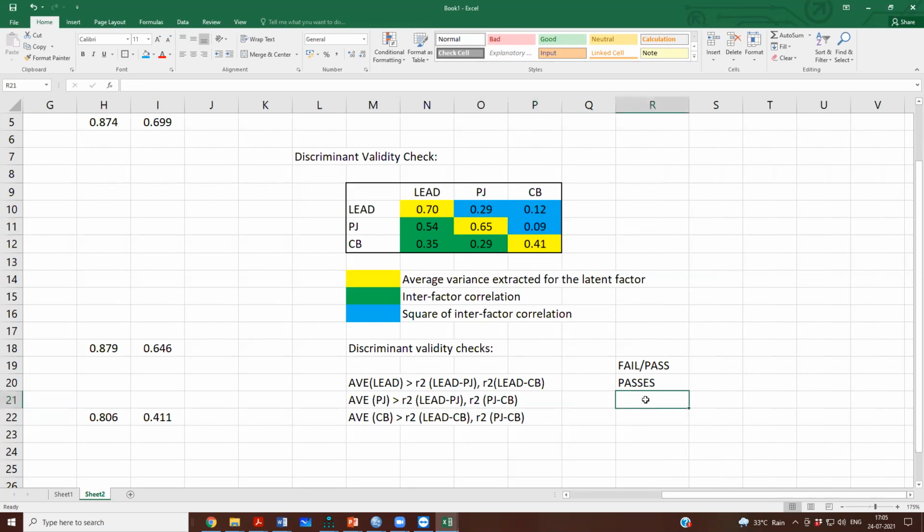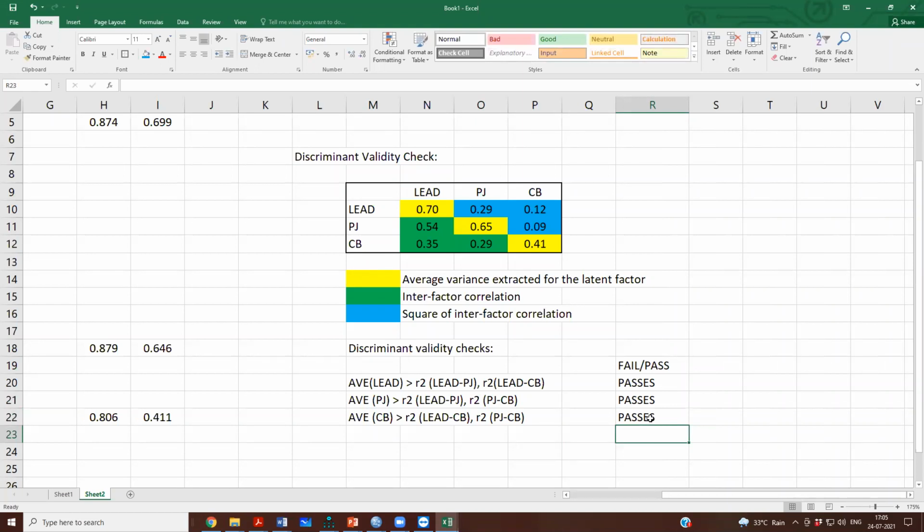So this condition also passes. The third is AVE of CB should be greater than R square lead with CB, which is 0.12, and R square PJ with CB. This condition also passes.